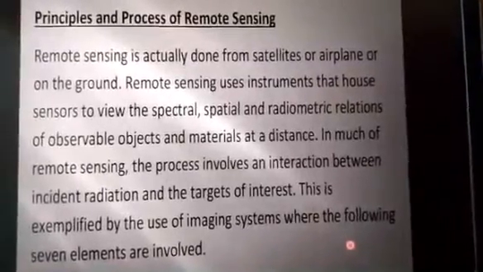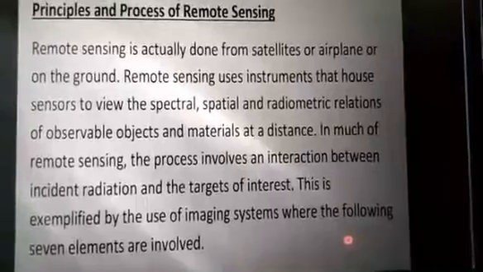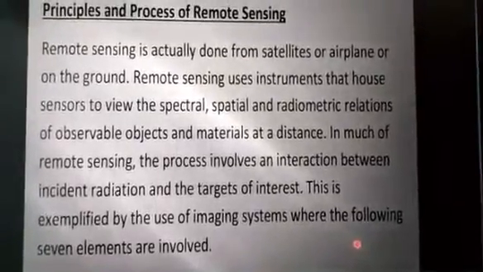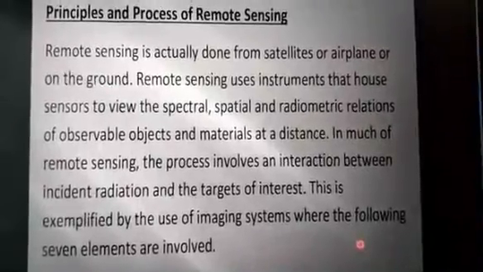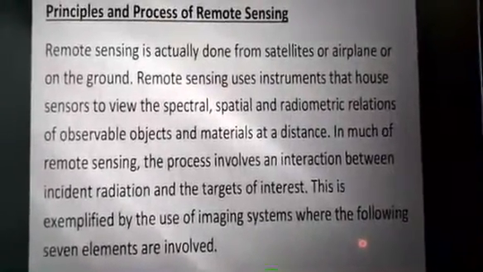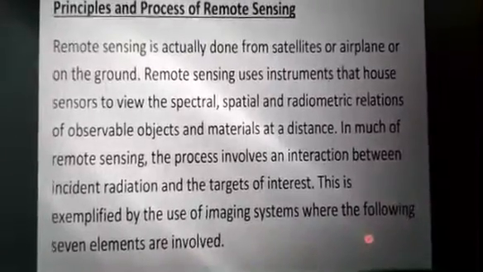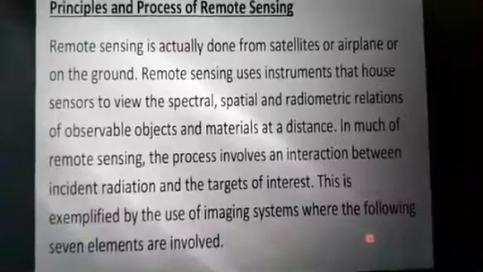So we also have the principles of remote sensing. Remote sensing is actually done from satellites or airplanes or on the ground. It uses instruments that house sensors to view spectral, spatial, and radiometric relationships of observable objects and materials at a distance.